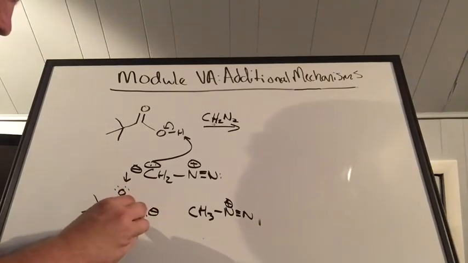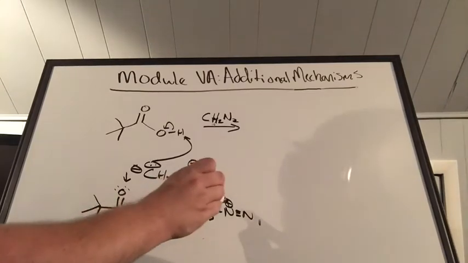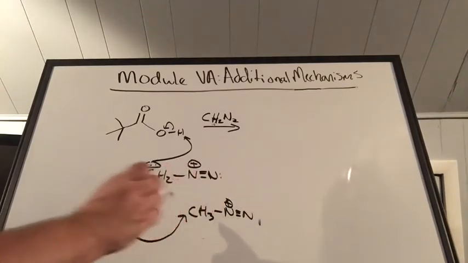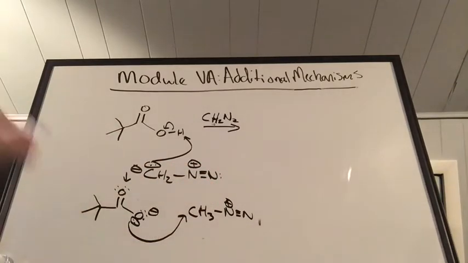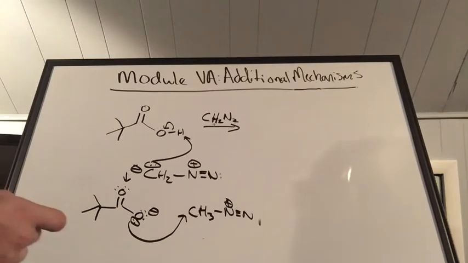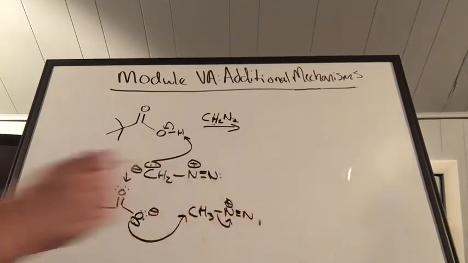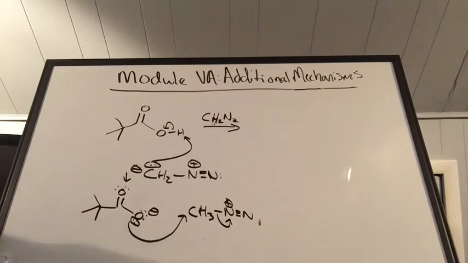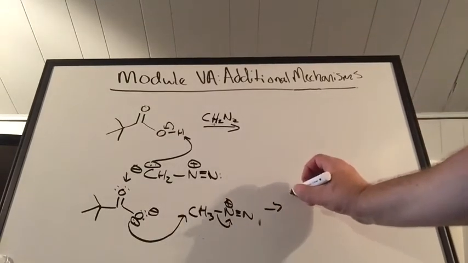And that positive charge is going to tug electron density away from that methyl group. Remember that methyl is also going to be electron donating to a slight degree. So in other words, we're going to form N2 gas irreversibly. Okay. So then we're going to get this methylation.